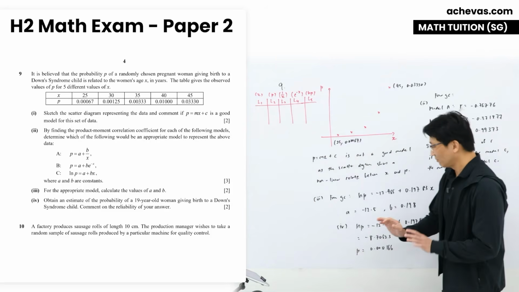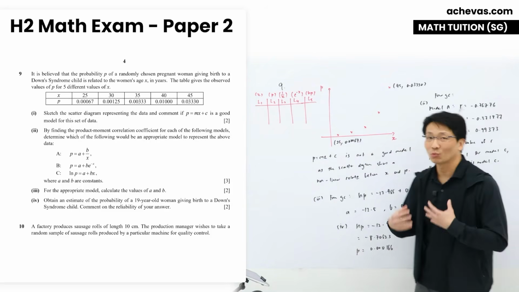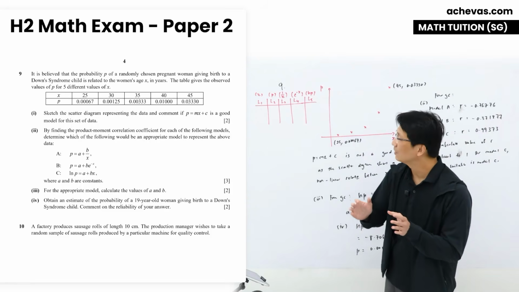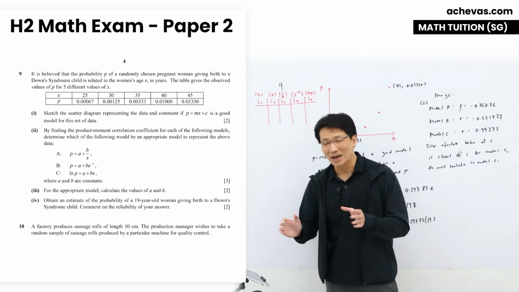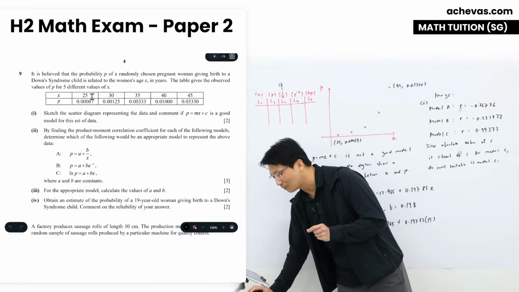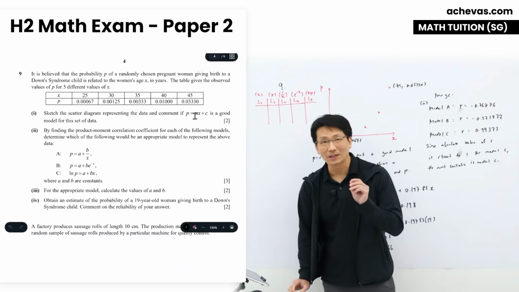And we can see that obviously this is not reliable because what we are doing is subbing in a value that is outside the data range, because the data range is only from 25 to 45 for the x values.